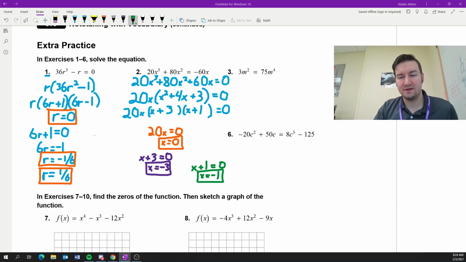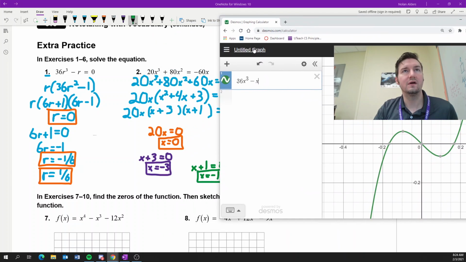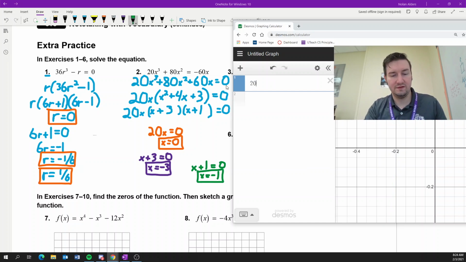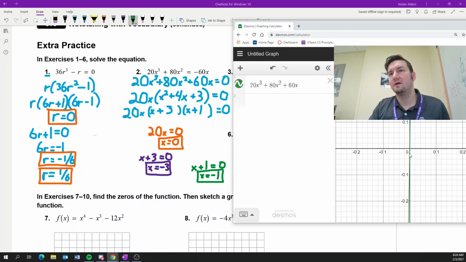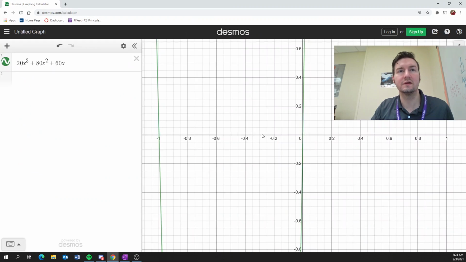And then we can check that using Desmos. So let's type in the left side of the equation right here. So 20x cubed plus 80x squared plus 60x. And if we zoom out, let's make this a little bigger.